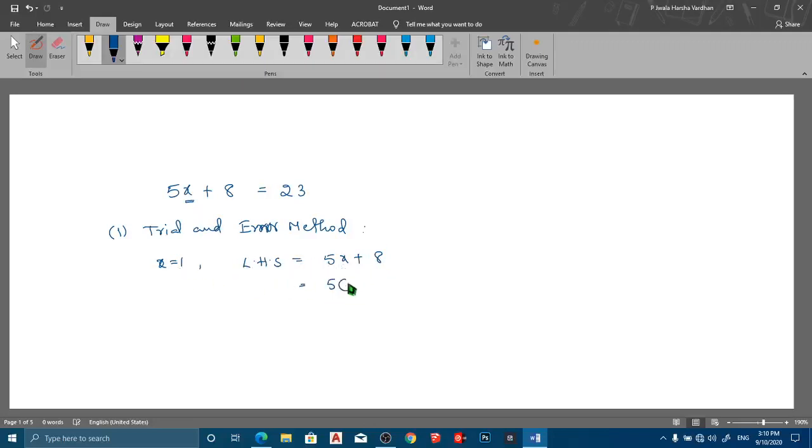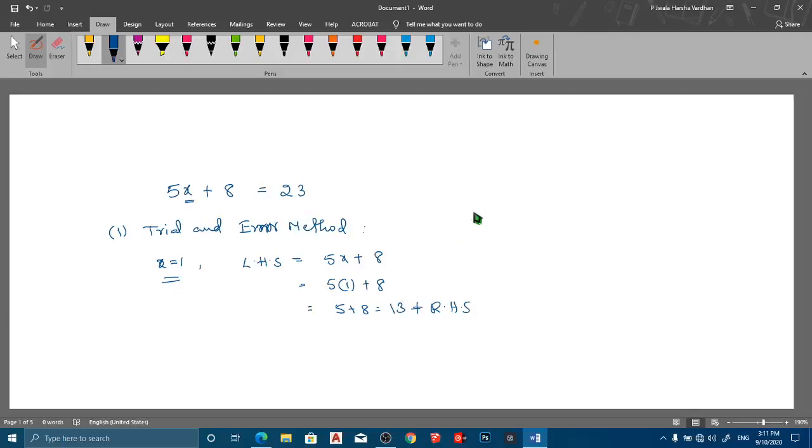So 5 into 1 plus 8 is equal to 5 plus 8. It gives 13. Is this equivalent to the RHS value? No, it is not equivalent to the RHS value. Therefore, x is equal to 1 is not a solution of the given equation because it is not satisfying the given equation, making it a true statement.